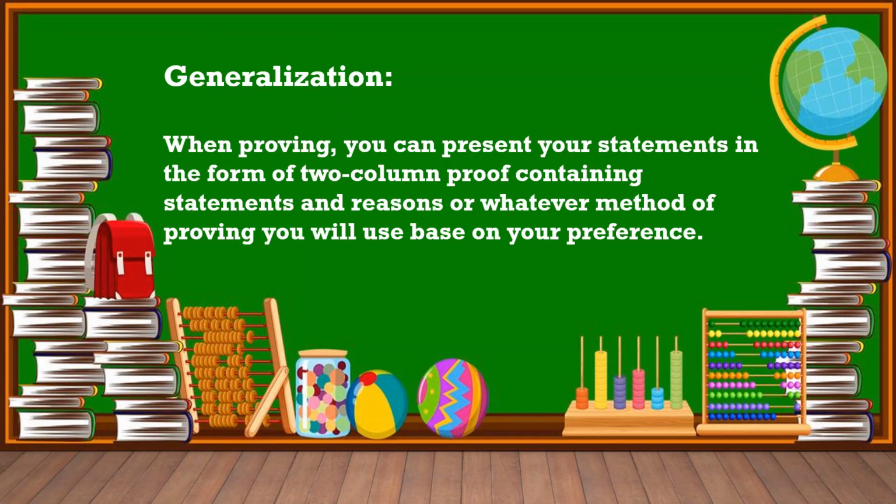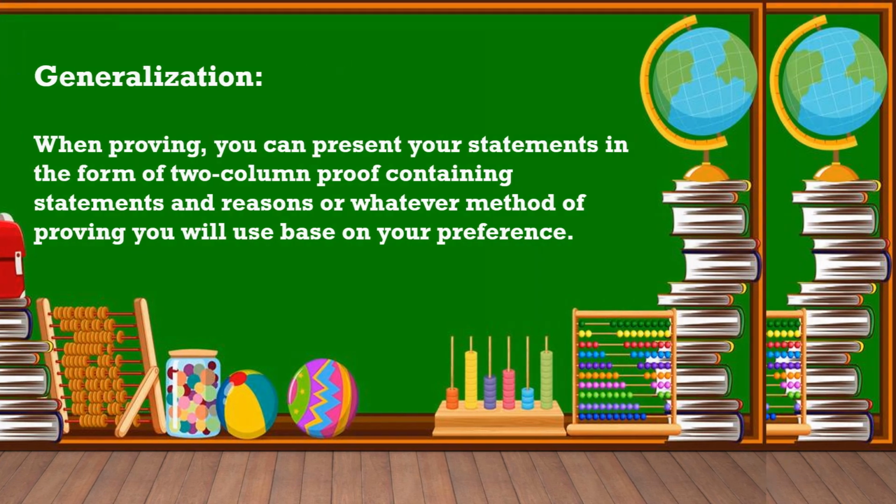And lastly, when proving, you can present your statements in the form of 2-column proof containing statements and reasons, or whatever method of proving you will use based on your preference.